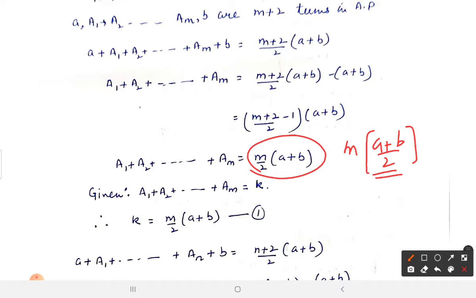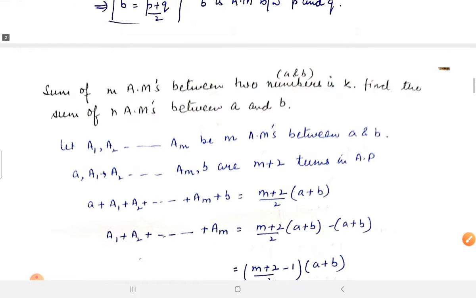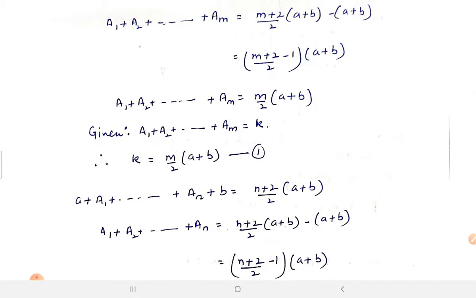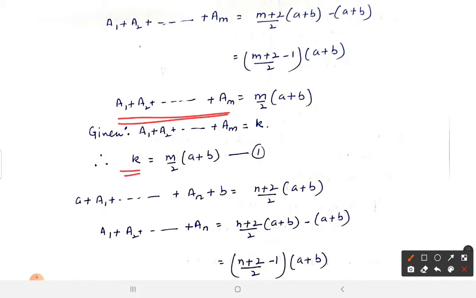Given that the sum of these m arithmetic means is K, we have K = (m/2)(A + B), as number 1. Clear? Next, what do we want to find?